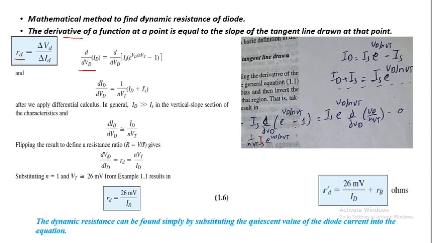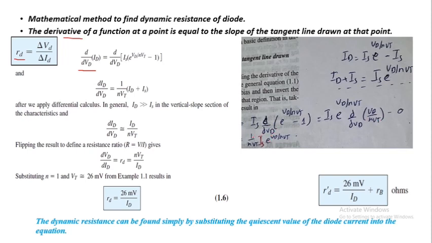You can take Is as common, because Is is an independent variable with respect to VD. Now finding d by dVD here will give us Is e power VD over nVT into d by dVD of VD over nVT minus 1, because 1 is constant with respect to VD.